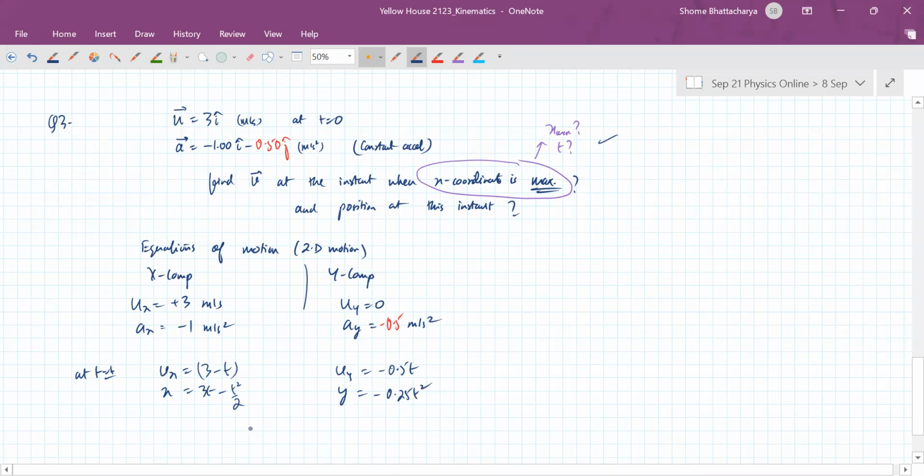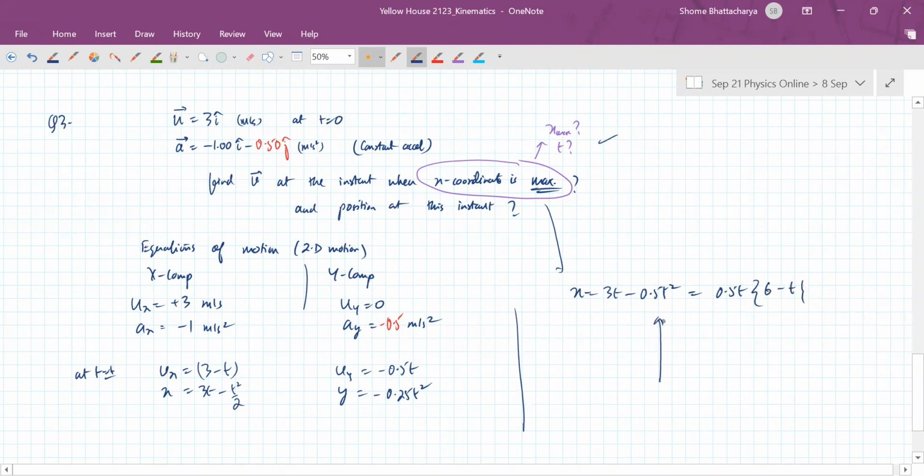Now looking at the x coordinate as a function of time, we can take 0.5 t common, so we will have 6 minus t.